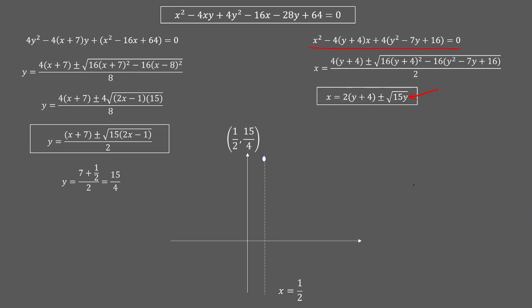Anyway, you get a linear term in terms of y, and now you see that this is defined only for y greater than 0, right? Because inside the square root you have root 15y, so that is defined only if y is greater than 0. y = 0 is this line, so the figure should be in this section only.